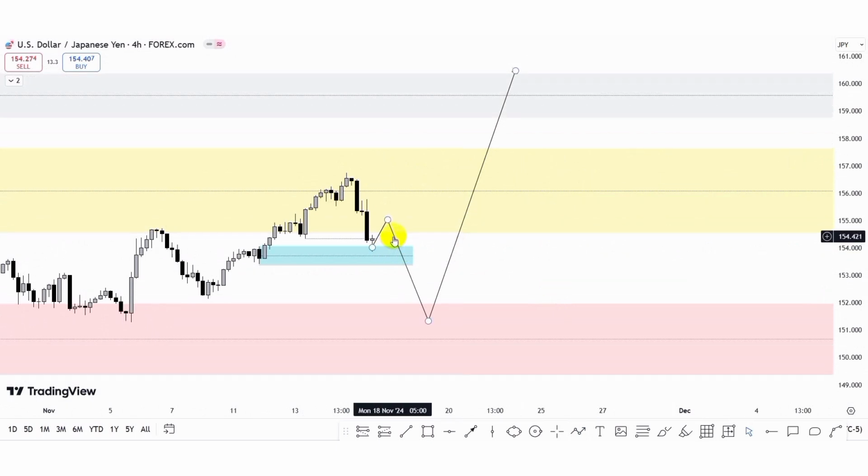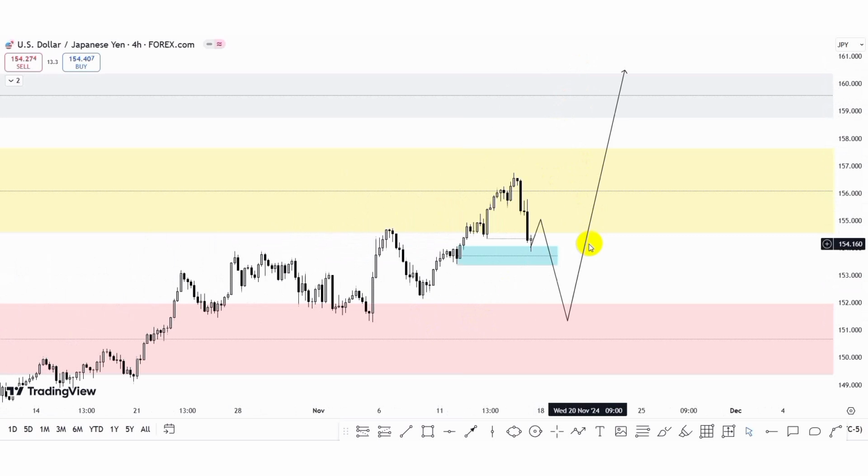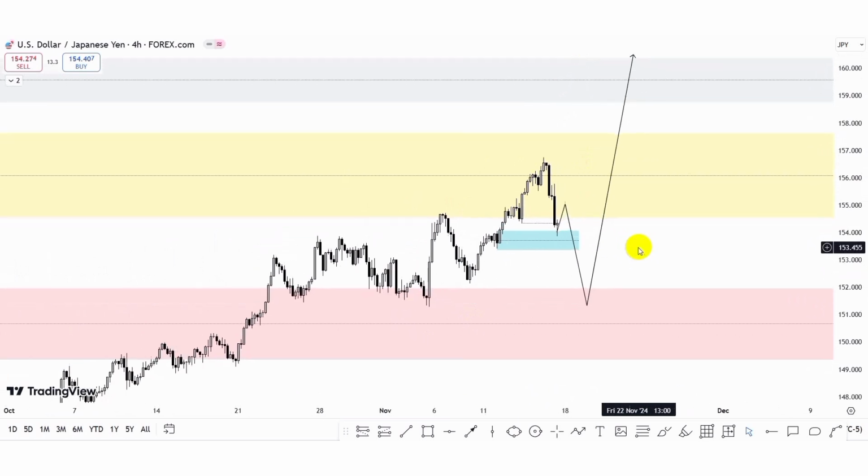I'm expecting to see the possibility that price would pull back into this fair value gap. Price violated this order block. In confluence to this order block, we have this fair value gap. So price may push to the upside, mitigate the fair value gap and the violated order block. And then we have the fall of price to the downside. And then we have the bullish continuation to the upside. So this is my expectation in the USDJPY pair.